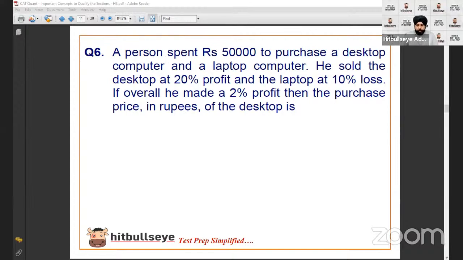If overall he made a 2% profit, then the purchase price of the desktop will be how much? Try that, people.